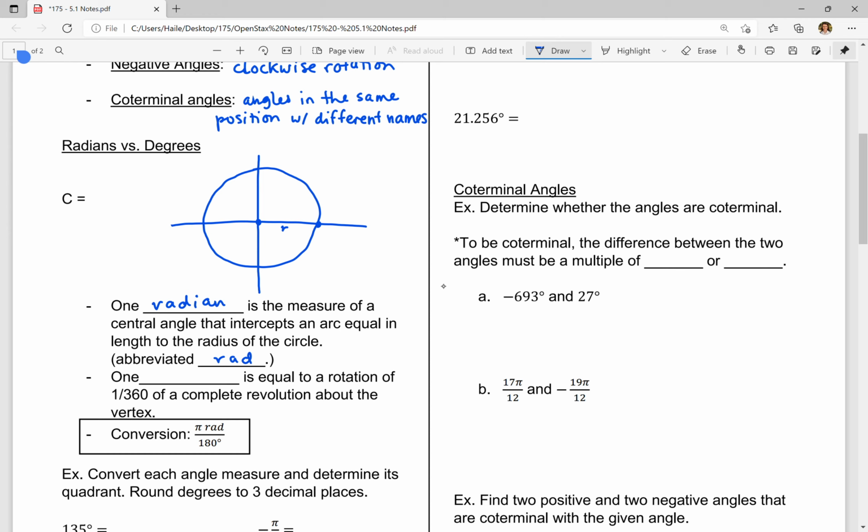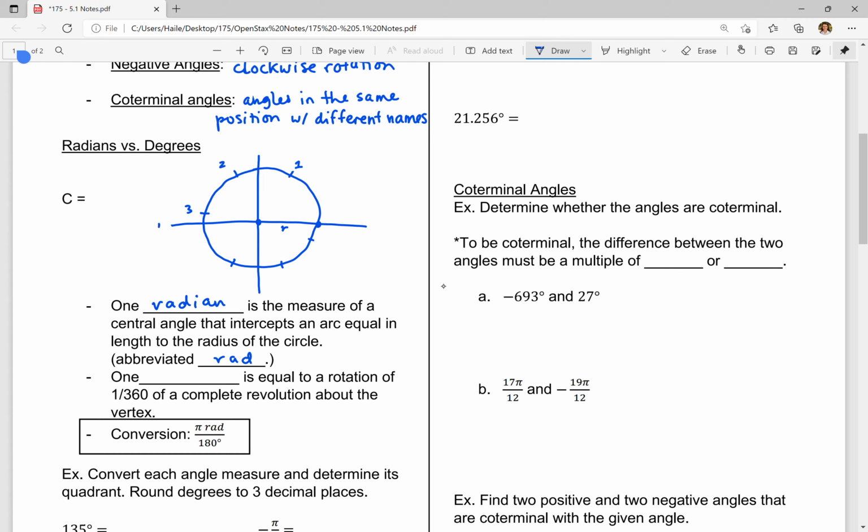So let's say that's about 1 radian, maybe 1 radian's about right there. Maybe 2's about right there. 3 is going to be just before that 180 degrees. And then we have 4, 5, and then 6 might be somewhere right there. So this would be like 1 radian, 2 radians, 3 radians.